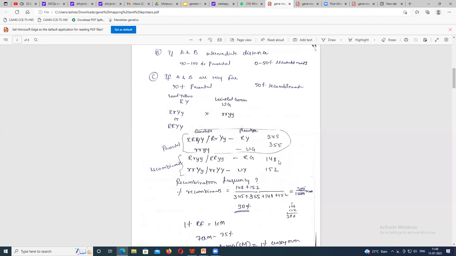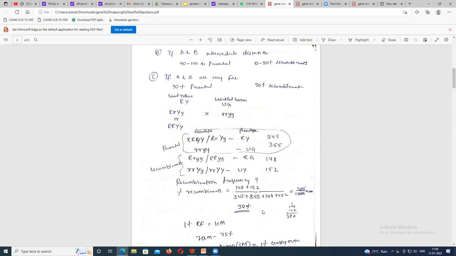So take these values: 148 plus 152 divided by the total numbers, 345 plus 355 plus 148 plus 152. Write down the numbers and calculate. 148 plus 152 by total. You will get around 30%.